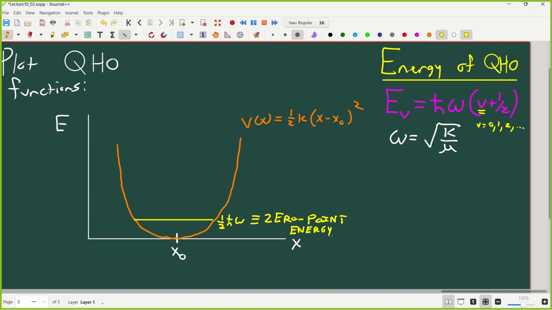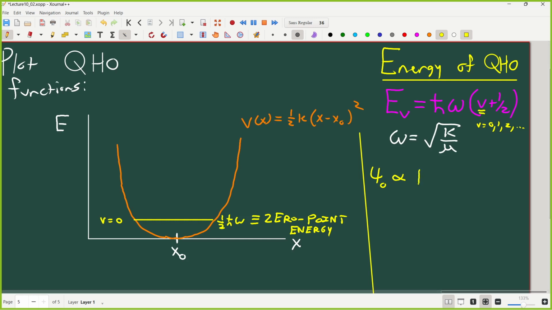So what does the wave function look like for this? This is the v equals 0 state, of course. I'll just put them on the side here. Psi of 0. We're going to ignore the normalization constant. Just look at the Hermite polynomial and the function, the bell curve.